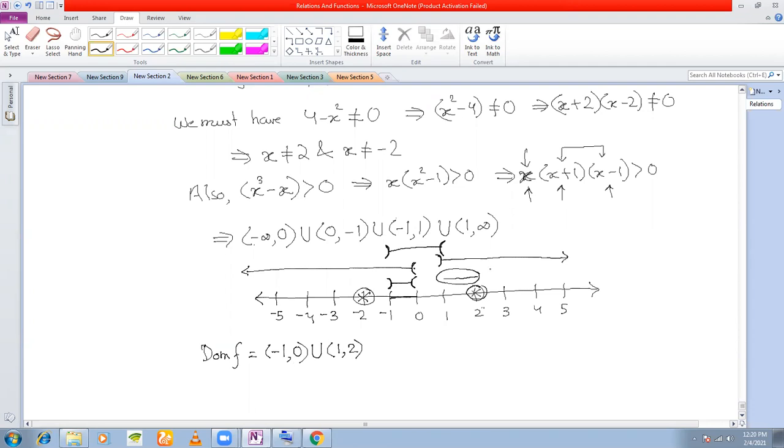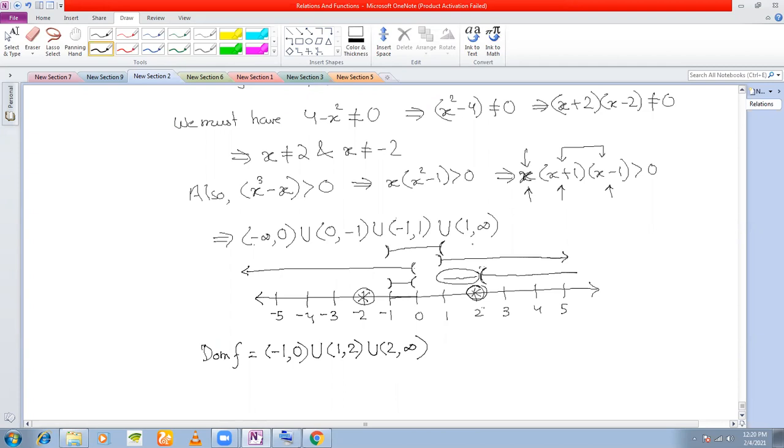And what is the next common region? From 2, it can now move to infinity, always remaining greater than 2. So union 2 to infinity. So this is your domain of f. Understood? The main thing here was to see which one is our common region. Okay, so domain is complete.